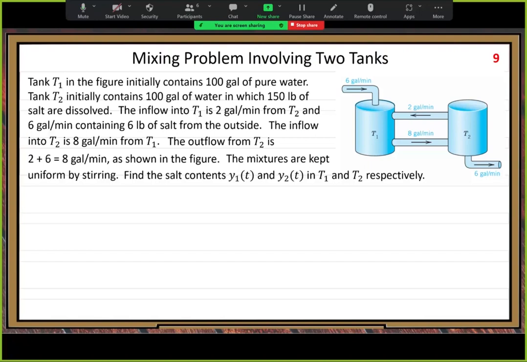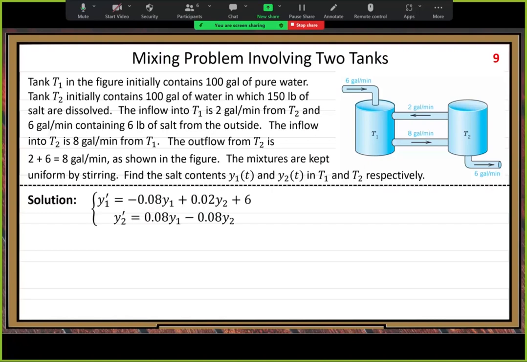So we're familiar with this question. Set up 2 equations, 2 ODEs, as a linear system. I think you're familiar with how to set up, right? Inflow, outflow. So that's 6. What's that 6?